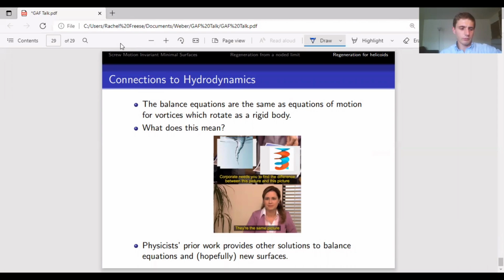So it's not guaranteed that all of these solutions will automatically give you these new minimal surfaces. All the ones that I showed you are also non-degenerate. Yeah, there's just this wide range of possibilities for motion invariant minimal surfaces that we did not know of.